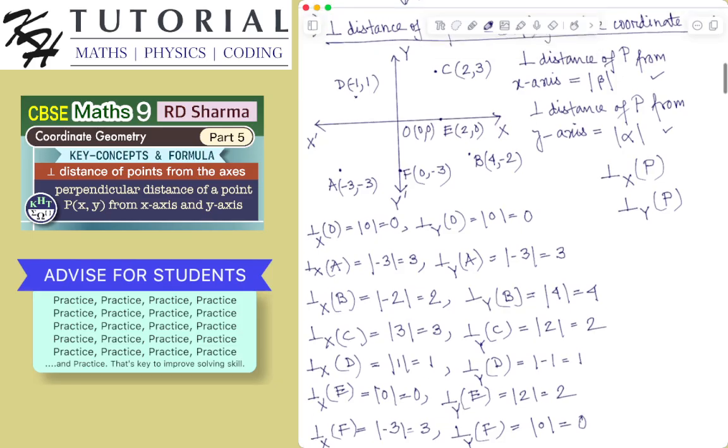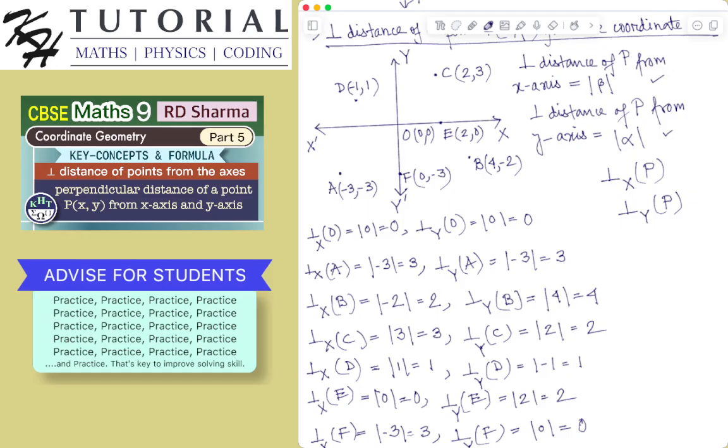Remember always that the distance between any two points, or a distance between a point and a line, or even the distance between two lines, measured in the Cartesian coordinate system is always positive. It is never negative.